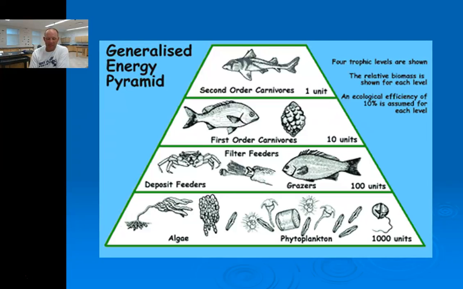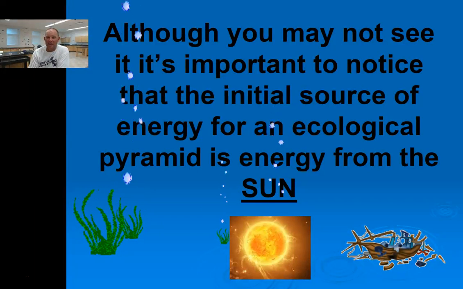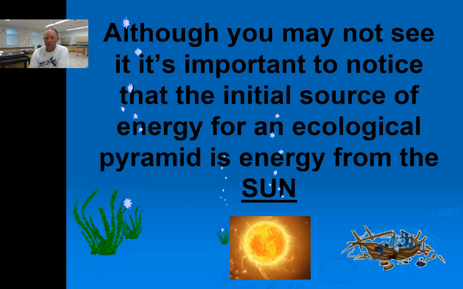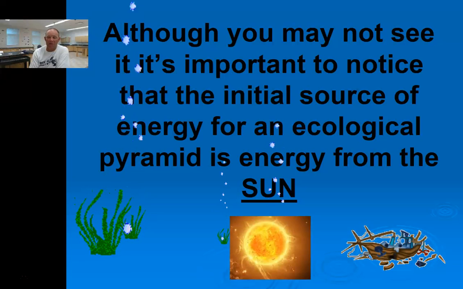Now, this next statement says, although you may not see it, it's important to notice that the initial source of energy for an ecological pyramid is energy from, I'm checking to see if you remember what that answer is. It's the sun. So remember, all energy on our planet, the energy for me to speak, the energy for me to walk around in Spain, the energy for me to even get to Spain came from the sun. The energy for the jet fuel came from the sun many, many years ago.